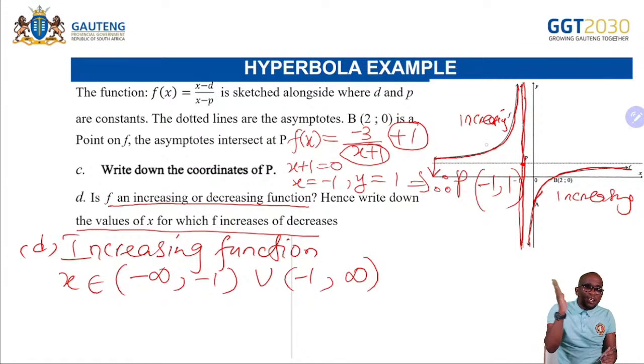This left-hand side arm is defined from minus infinity to negative 1, and then the right-hand arm is defined from negative 1, the asymptote, to infinity. Negative 1 not included.